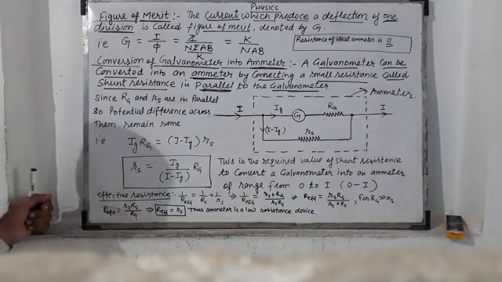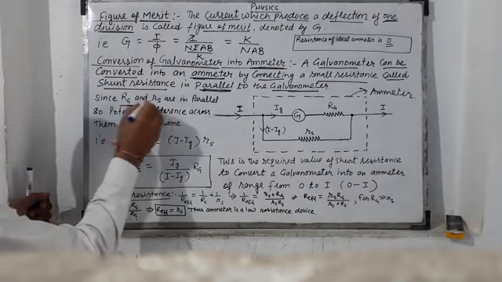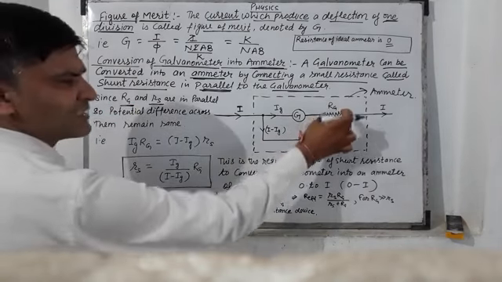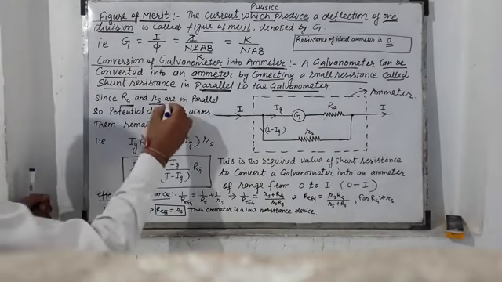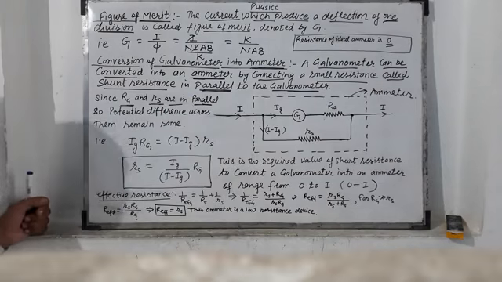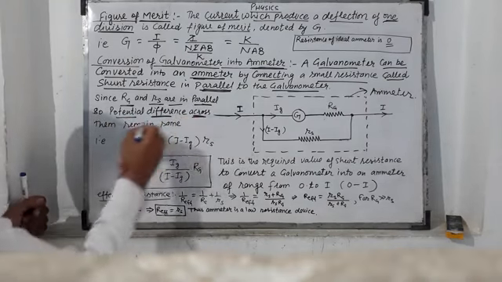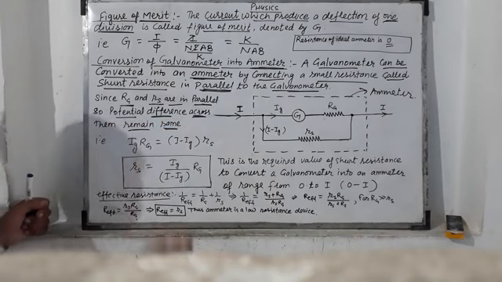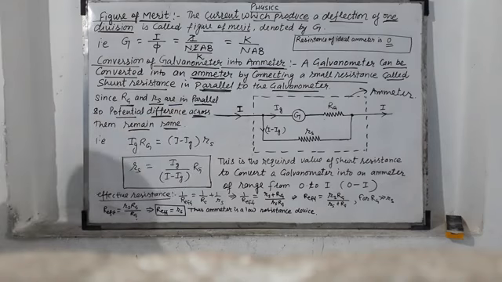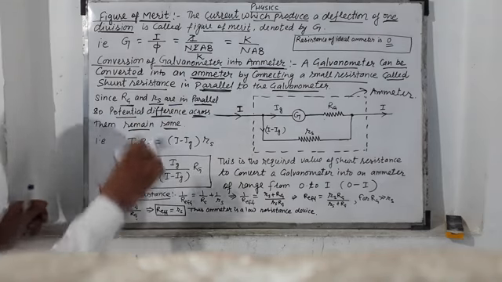Now from the figure, RG and RS are both parallel, and in parallel the potential difference remains the same.